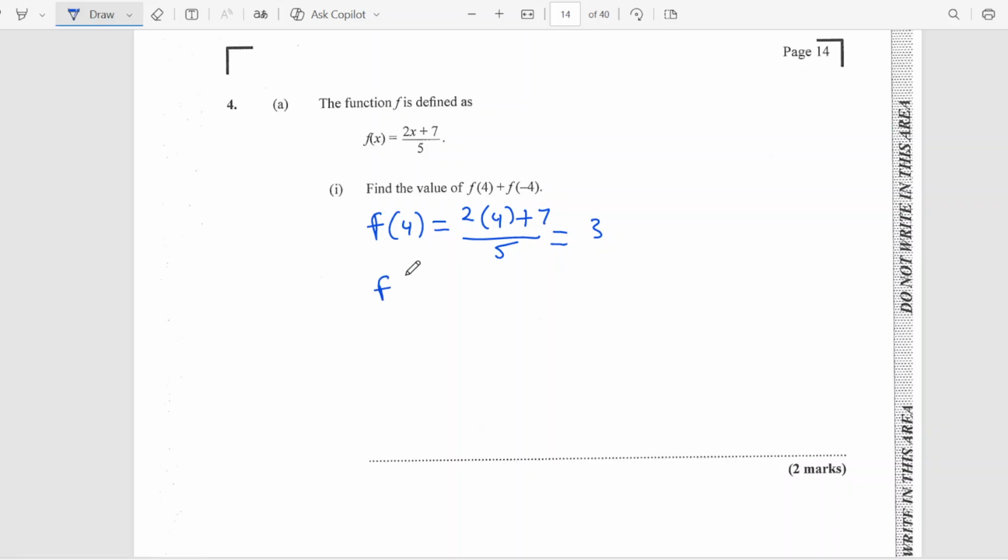And then f of negative 4 will be 2 by negative 4 plus 7 over 5. 2 by negative 4 is negative 8. Negative 8 plus 7 is negative 1 over 5.